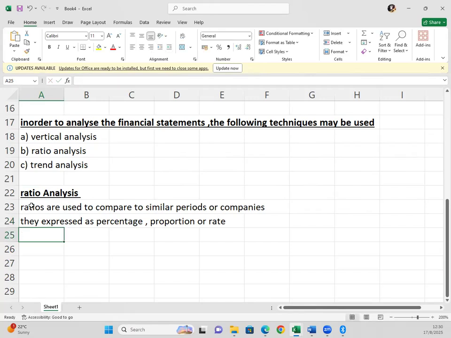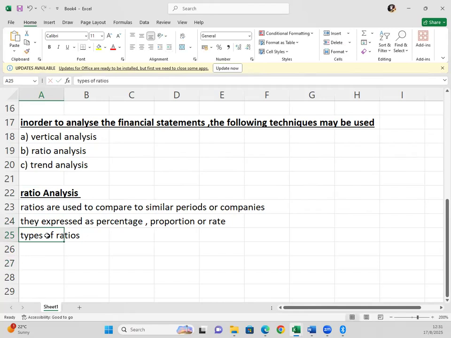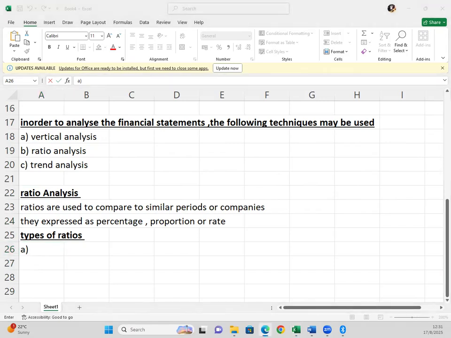If you are analyzing performance using ratios, you can assess the performance using different types of ratios. So which are the types of ratios that we can make use of?